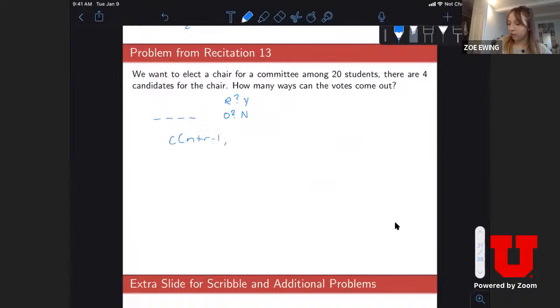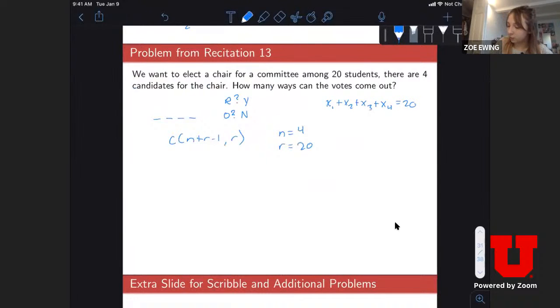So there's our formula, and we need to choose our n value and our r value. So what is our n going to be? Yes, exactly, 4. And our r value? Yeah, 20, because it's like having x1 plus x2 plus x3 plus x4 equals 20.